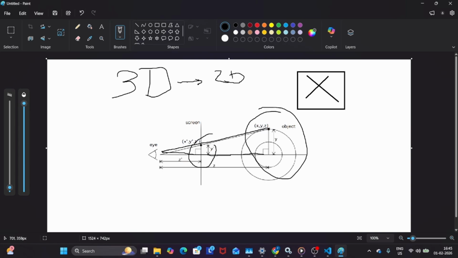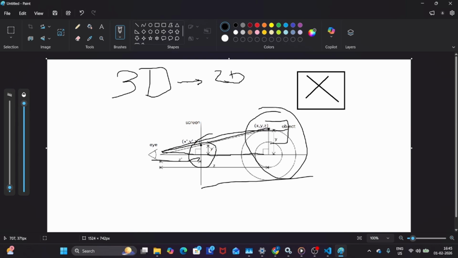This is our window, this is our real XYZ, and this is x1, y1, and z1. The distance from you to the window would be z1, and the distance from the window to the tree would be z, and this whole is a ray.